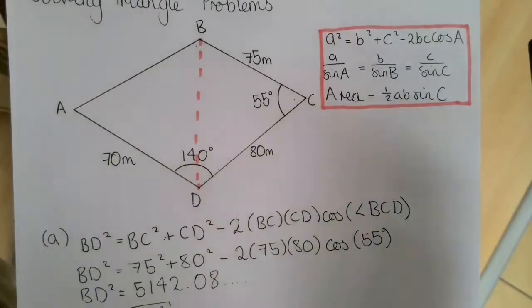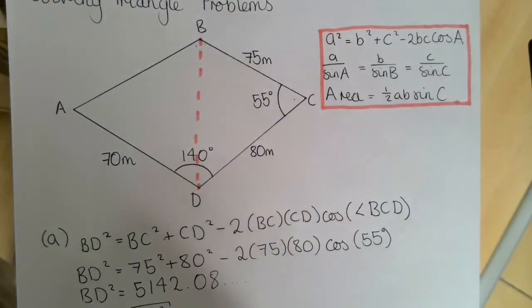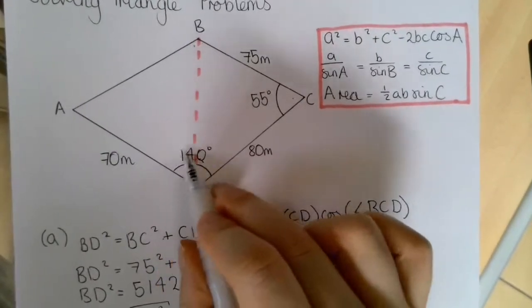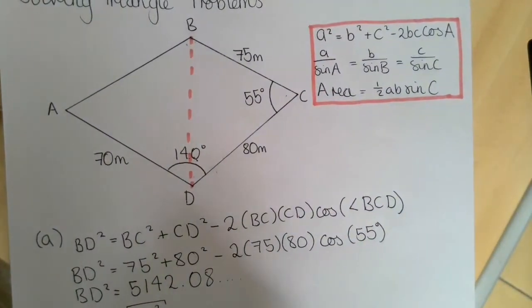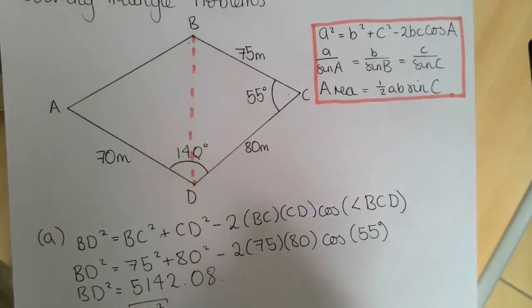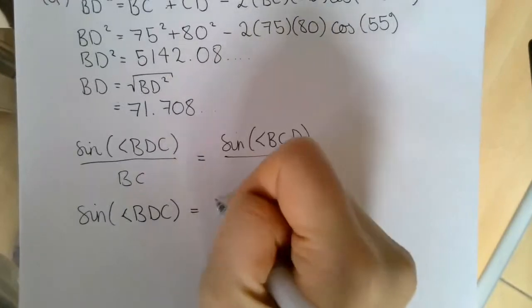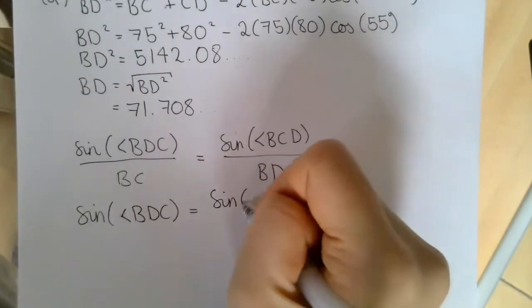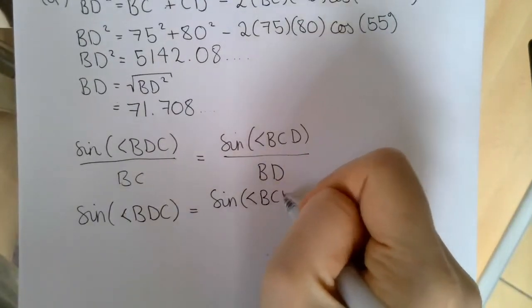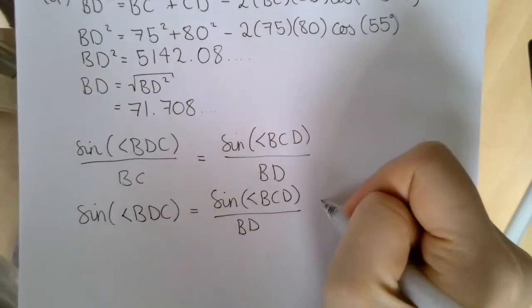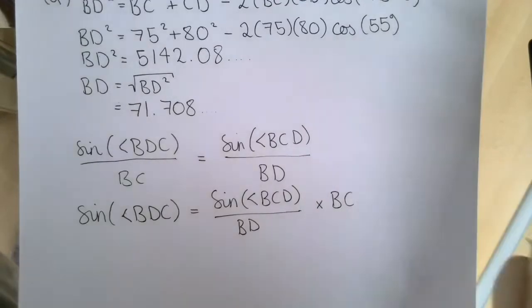So if we were to rearrange this, the angle that we want to find out is this angle here, so we can find out that angle there. So sine of BDC, that is equal to sine of angle BCD over BD multiplied by BC.